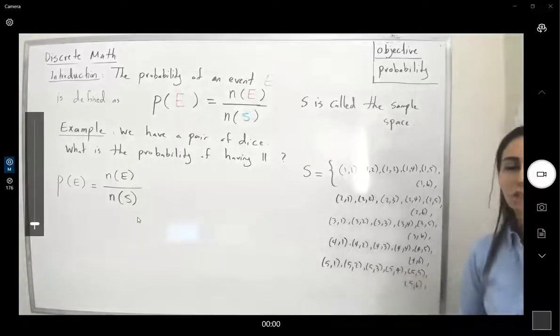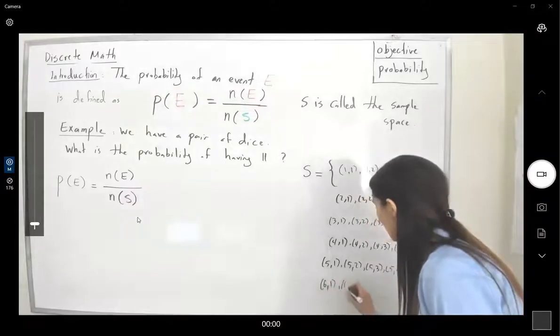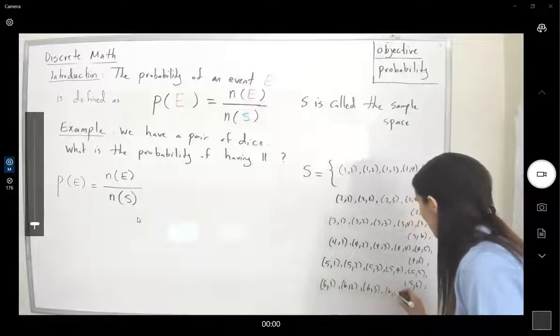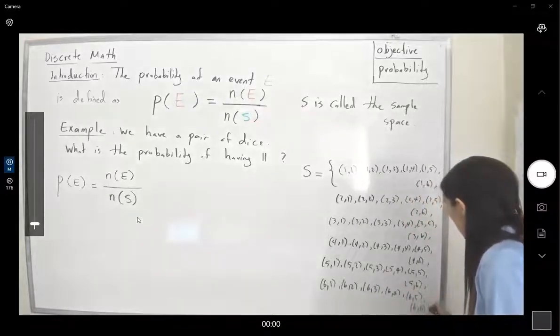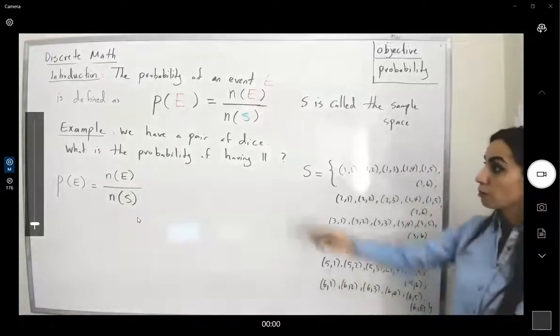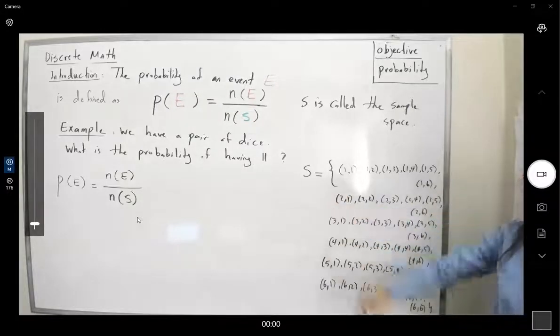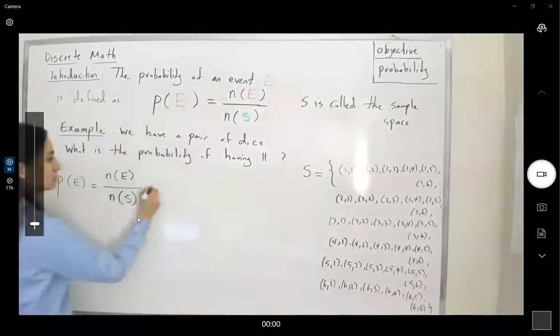And eventually, the first one might be 6. 6 and 1, 6 and 2, 6 and 3, 6 and 4, 6 and 5, 6 and 6. As you can see, by adding another dice, we get a huge sample space. The cardinality of your sample space is equal to 36.